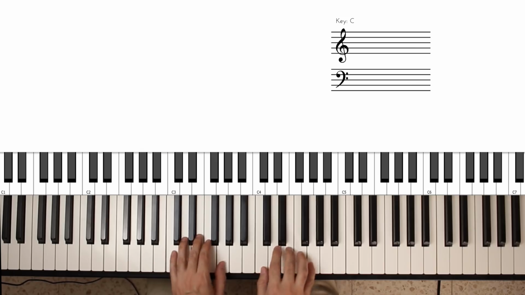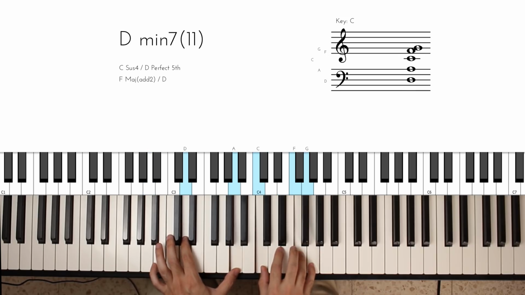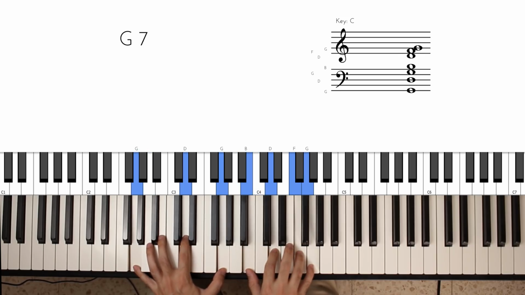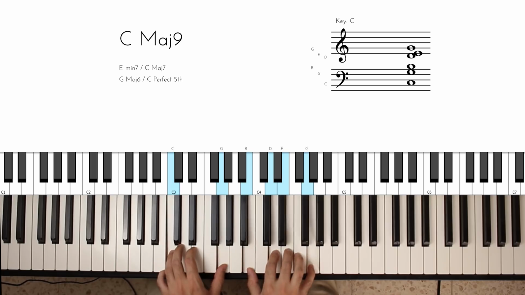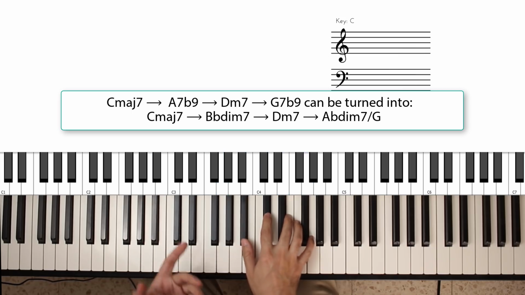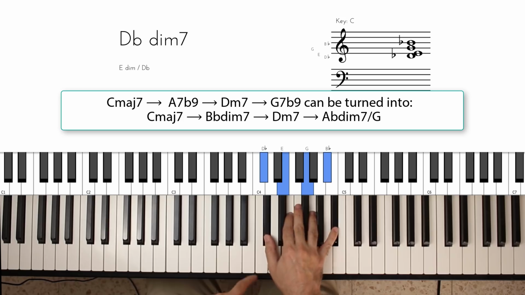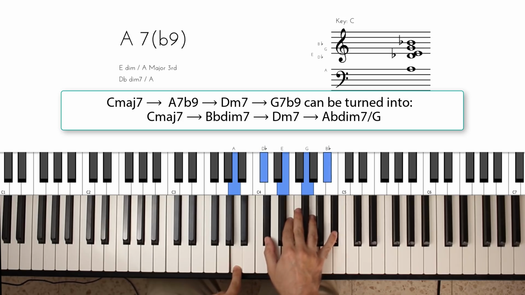So instead of playing C, A dominant 7, D minor 7, G dominant 7, I can play C, B flat diminished 7, because remember B flat diminished 7, this thing here, is an inversion of this, and this can be thought of as the upper set of notes in A dominant 7.